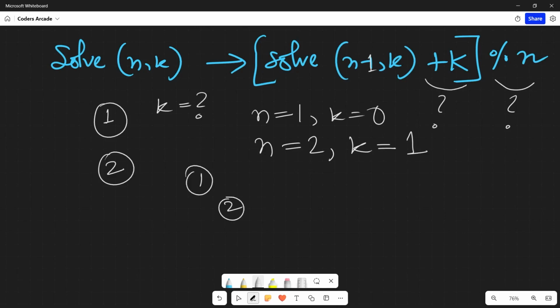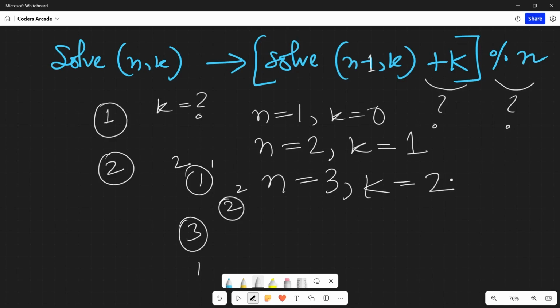Similarly, if I have 1, 2, 3, now if you observe, 1, 2 is one count of k, again 1, 2 is the second count of k. So as the n value increases, the count of k also keeps on increasing gradually. That's why I am repeatedly adding this k one by one. But for the first time, because we did not have to count k, the value of k was 0. And that's why we got the answer as 1 only. Correct? For the other cases, we are doing this. Now I hope you have understood why every time I'm adding this k value in the equation.